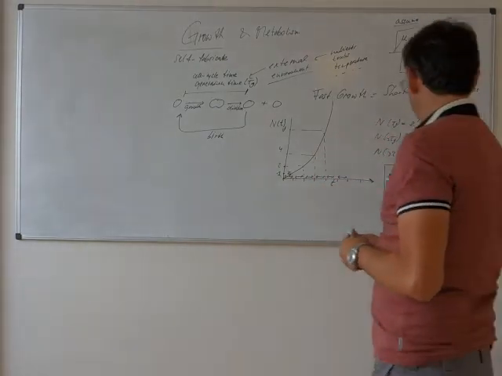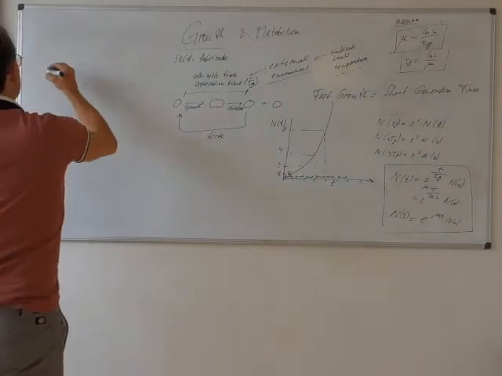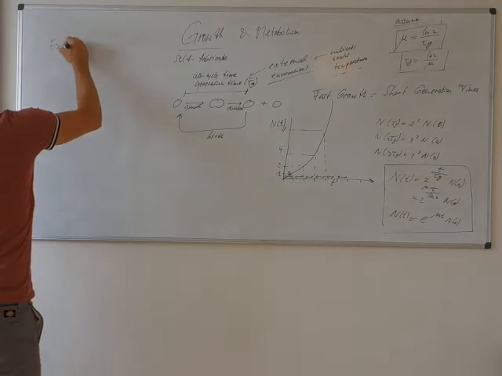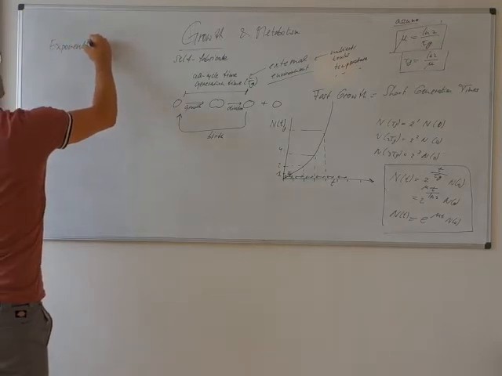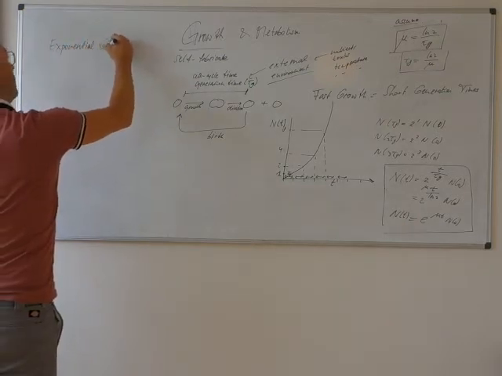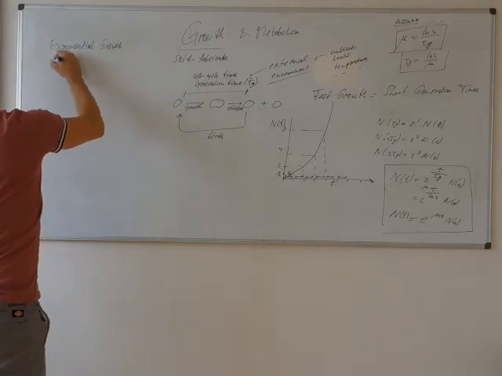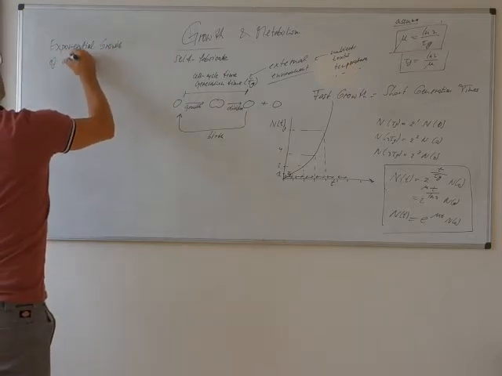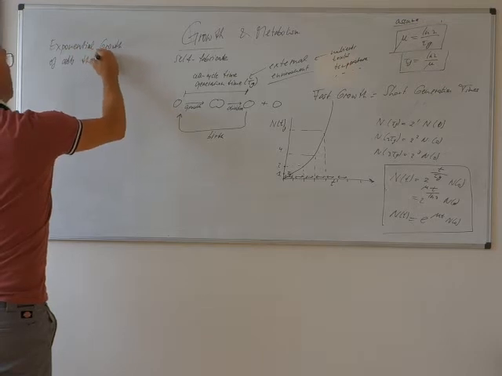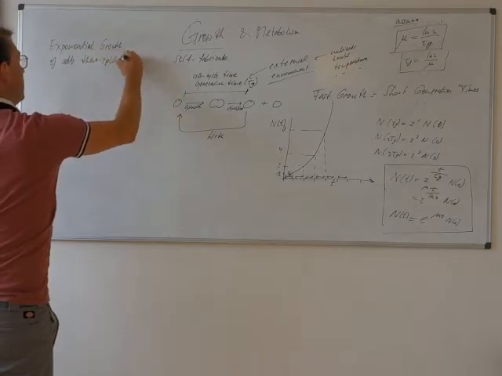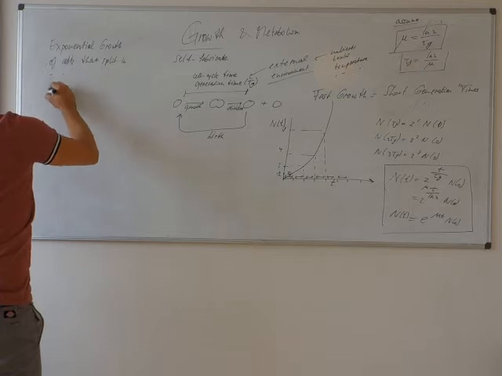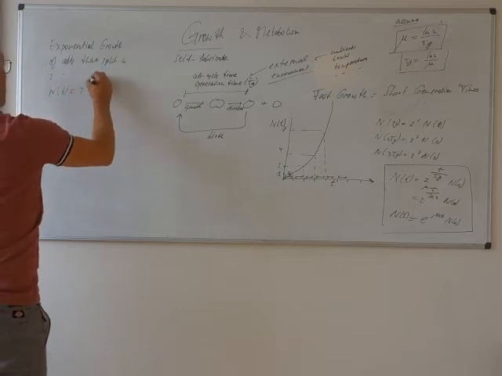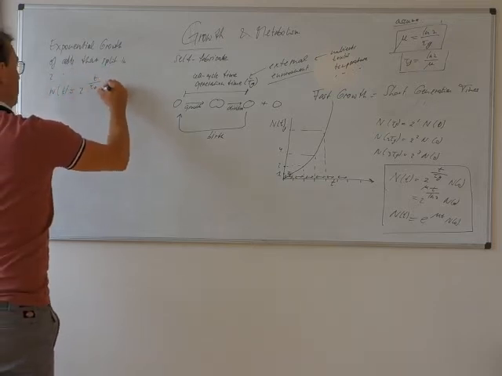Okay, so the exponential growth of cells that split in 2 can be described by 2 to the power t divided by the generation time, times n0.